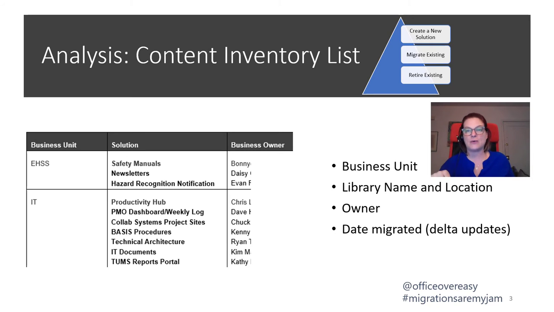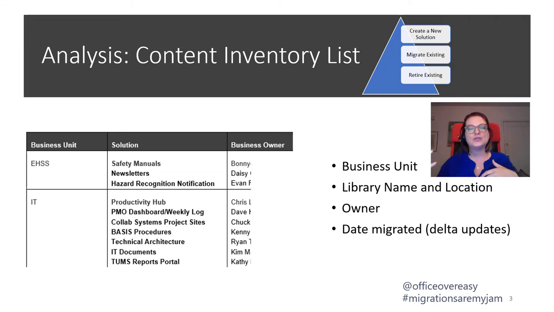Look at my graphic, though, in the upper right-hand corner, because you'll want to pay attention to this piece. We're not doing a lift and shift, right? We're not just saying, okay, every single thing in a file share is now going to go over to SharePoint. That doesn't make any sense. There's lots of information in a file share that doesn't need to come over into the new environment.